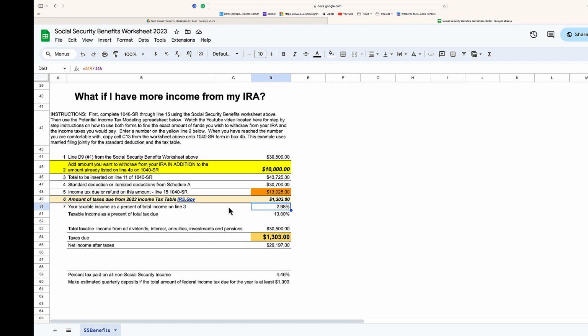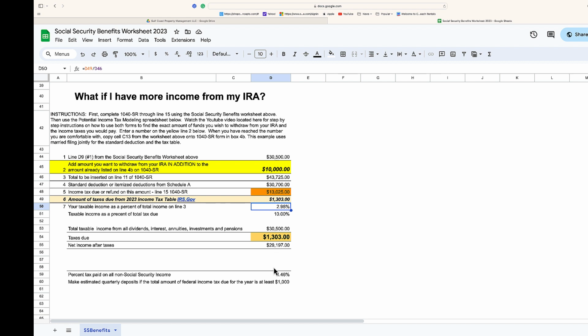Now keep in mind that of the $10,000 plus the $9,500, the $19,500 that you've taken out in total, you're going to have to subtract this tax because you have to pay this. So you're not going to be able to keep all of that. So basically your taxable income from everything that you brought in this year was $10,500, and the taxes due are going to be $13,300, and this is your net after the taxes right here, okay? $29,197.